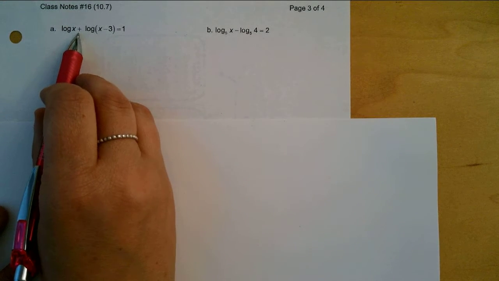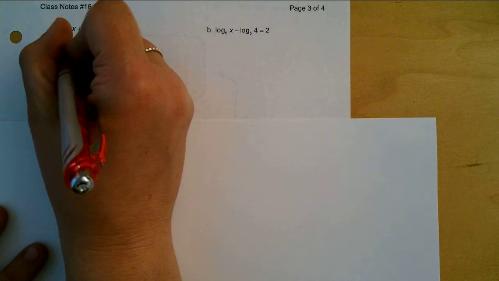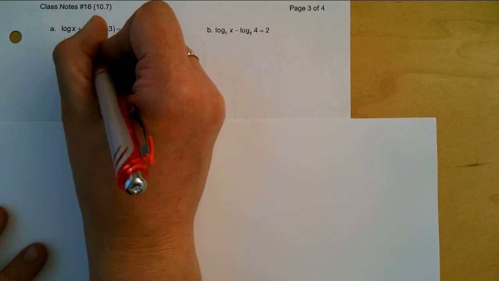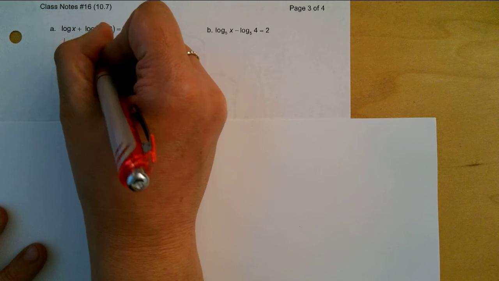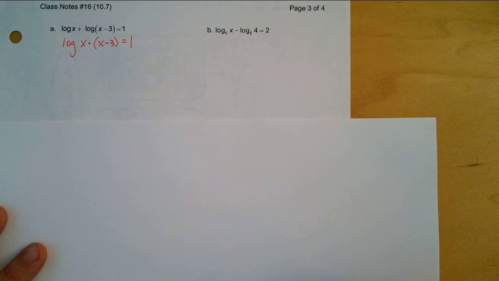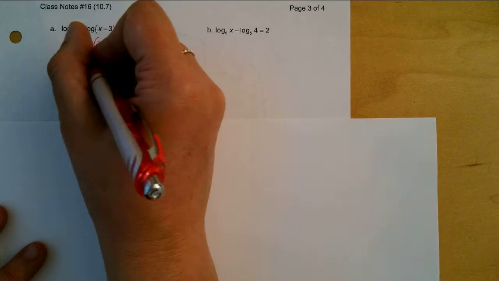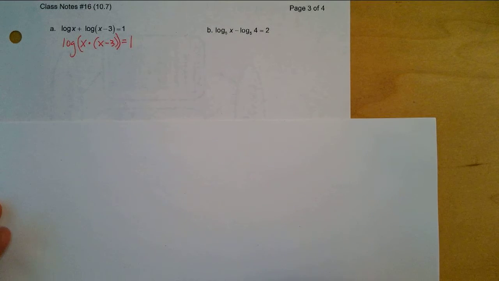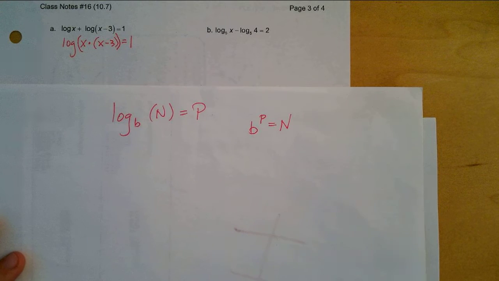So because we're adding, what are we going to do to make this into a single logarithm? Log of x times x minus 3, correct? Equals 1. Okay. Now, what could I do with that? This is all a single logarithm now, right? So to get the x out of the log, we might use our definition of logarithm.